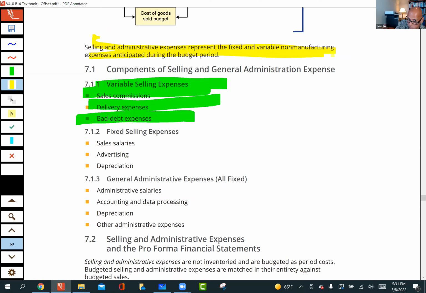And so in this case we would be predicting when we're going to incur those costs, or what those costs are going to be, say, in the next year. And then we'd have our sales, our advertising, our depreciation. Be careful with depreciation, guys. If they're asking you for the cash administrative budget, then you would have to back out the effects of depreciation, right? And then general and administrative, and they say they are all fixed.